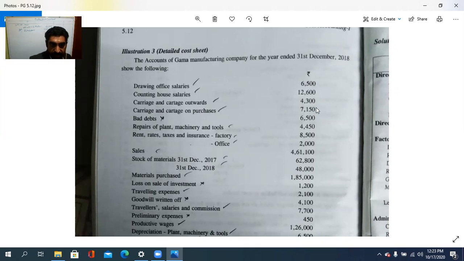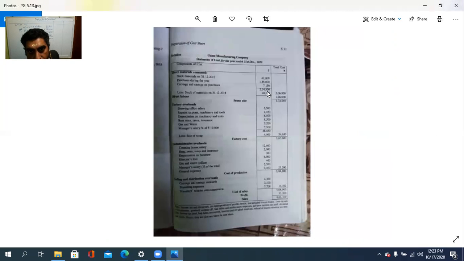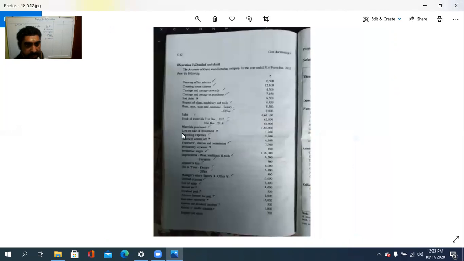More items are there, carriage or cartage on purchases. Purchase-related expenses need to be added. So carriage and cartage on purchases. How much? It is 7,150. So we need to add that. Okay. So here 2,54,950 is the amount before the closing stock is adjusted. So it's 2,54,950 less the closing stock. How much? 48,000.